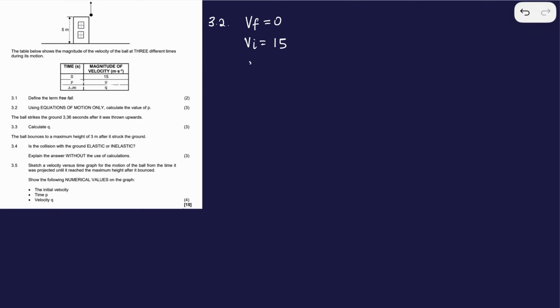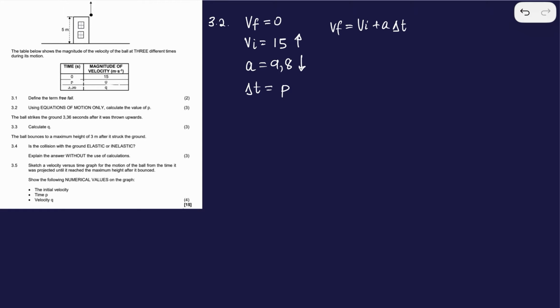We also know that the acceleration is 9,8 meters per second squared in a downward direction. Now, since the question is asking us to calculate the time, which is being used as the letter P, we have enough quantities to work out P. We can use the formula Vf is equal to Vi plus a times delta t.